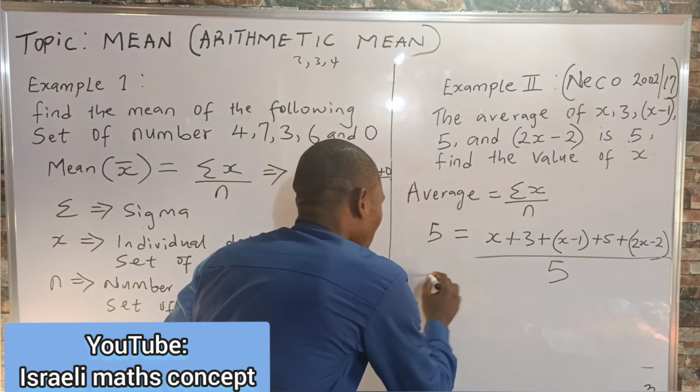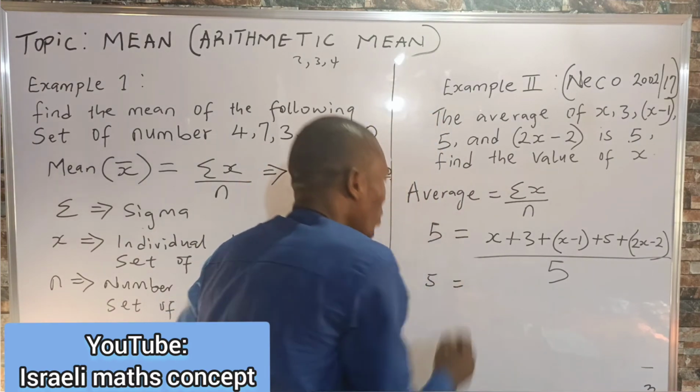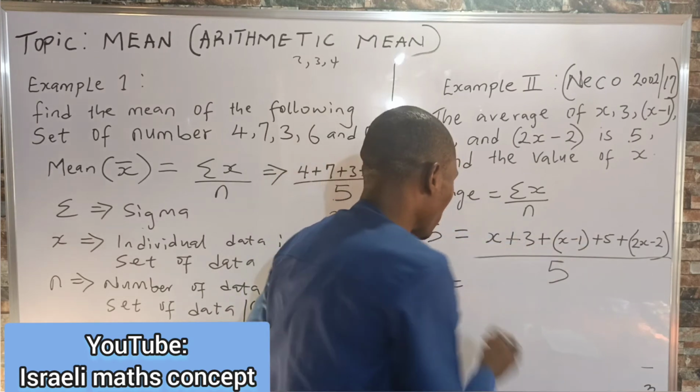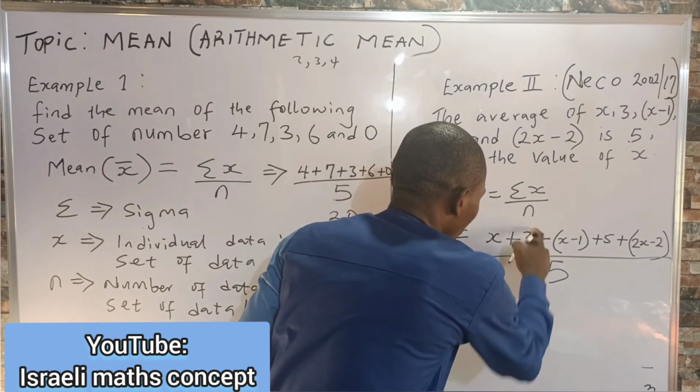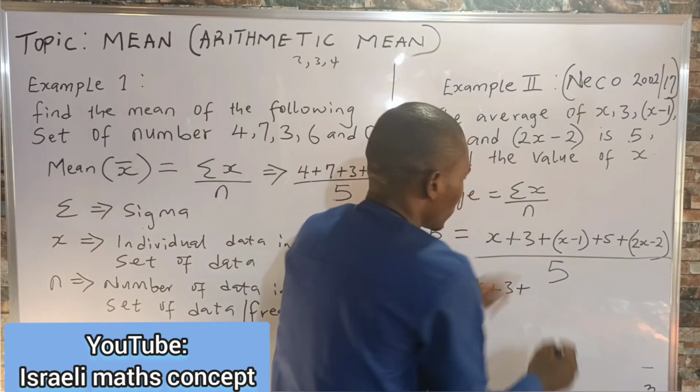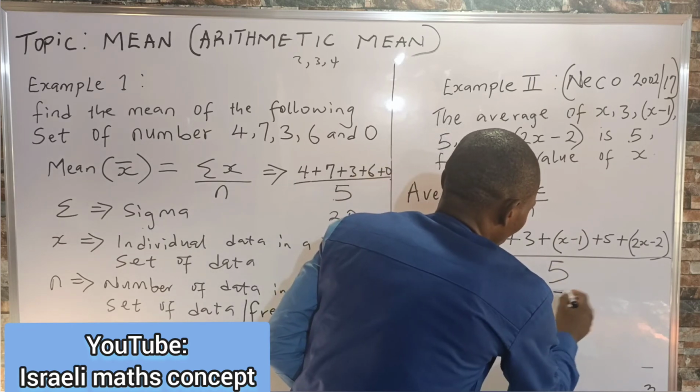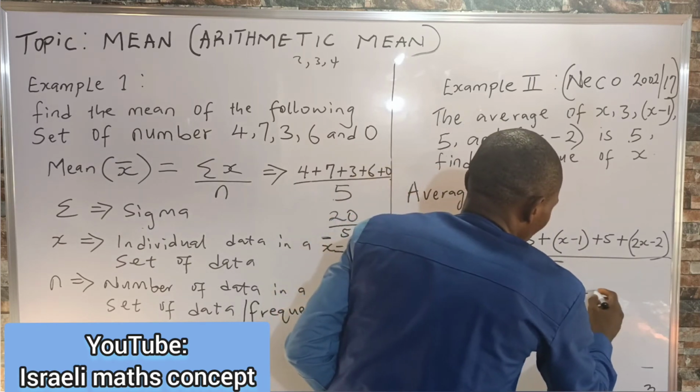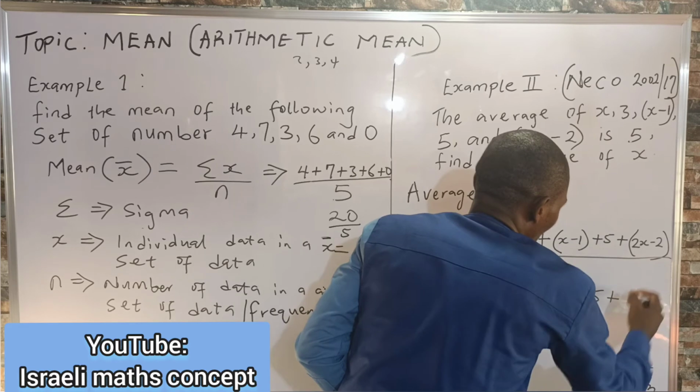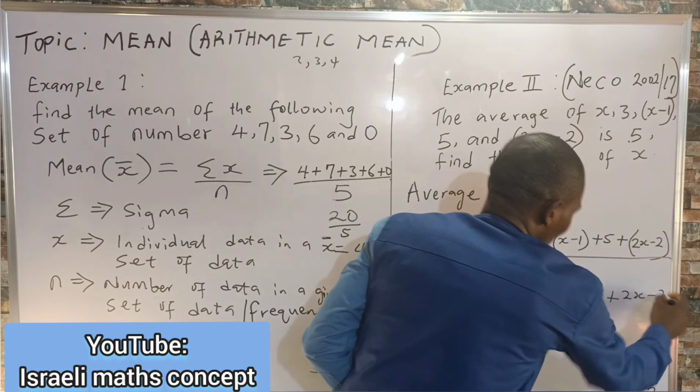Hence, we then have that 5 is equal to, let's open up the bracket. We have x plus 3 plus x minus 1 plus 5 plus 2x minus 2.